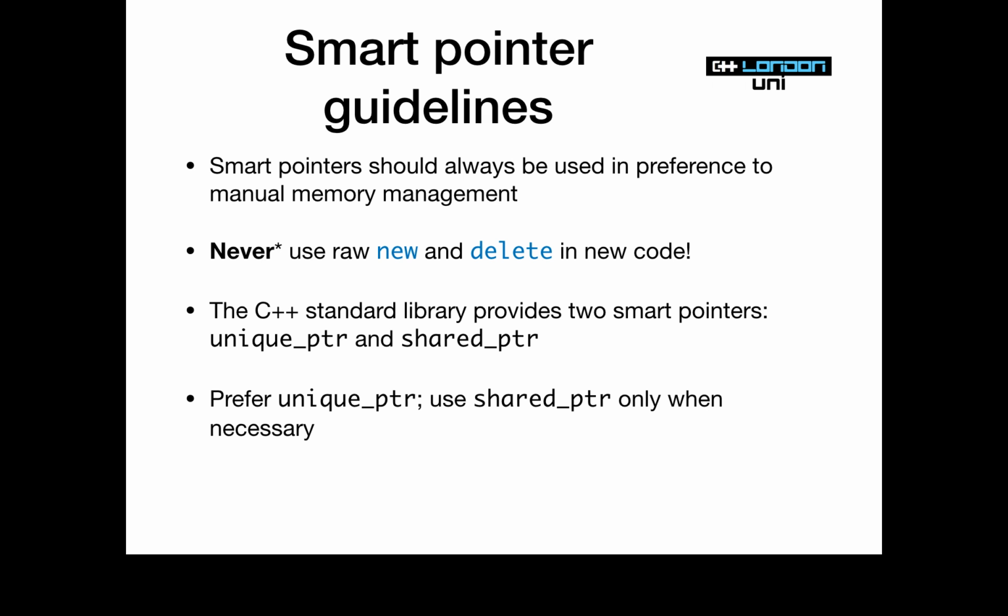It's also overhead in some cases. And in general, it's a better idea to use unique pointer. Use shared pointer only rarely, and only where you genuinely need shared ownership. For example, if you've got threads working on the same data and you don't know which one's going to get finished first, so you have to keep the object alive until the last thread is finished, that'd be a good use case for a shared pointer. But otherwise, a unique pointer should be the default that you reach for.